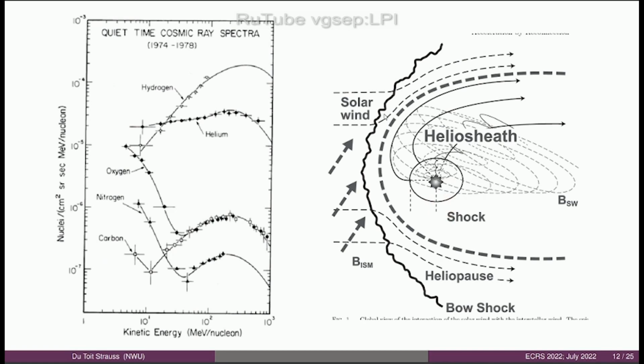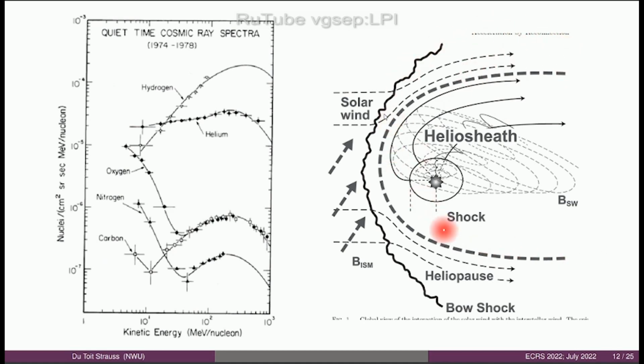We call these pickup ions, and these pickup ions might at some point manage to reach the termination shock, which is a relatively strong structure in the heliosphere. So it's a normal MHD shock, the compression ratio a little bit above 2, medium strength shock, and these pickup ions can then be accelerated at the shock through diffusive shock acceleration.